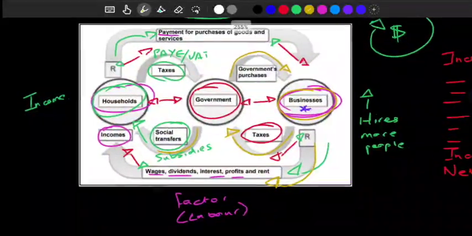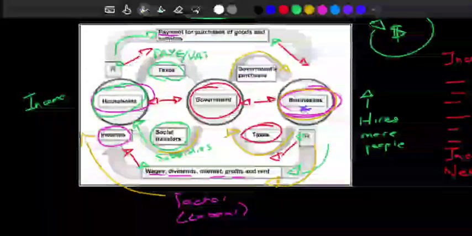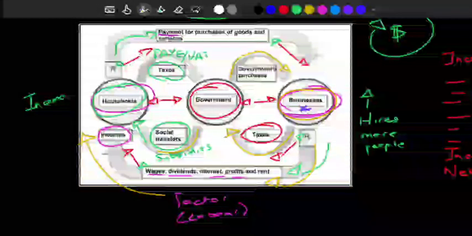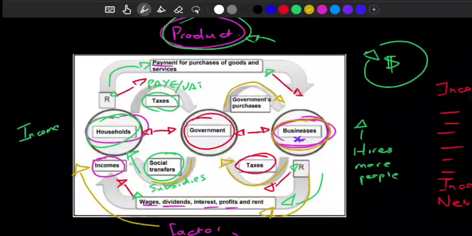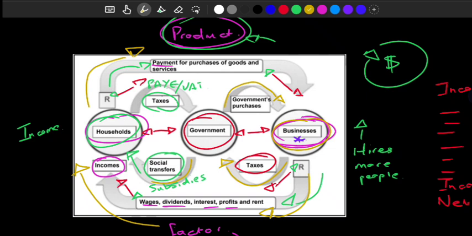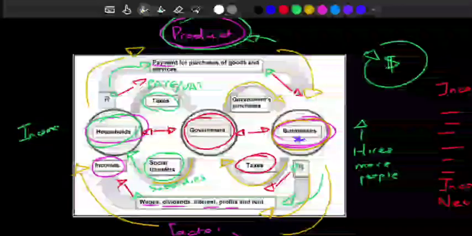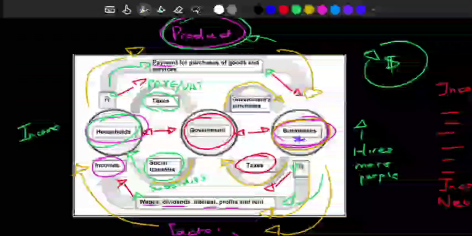Hiring more people in the factor market decreases the amount of unemployed people, and the decrease of unemployed people means more people are employed and they have an income, meaning that they can buy in the product market, and that gives money to the business, and the business grows, hires more people, and so on and so forth.